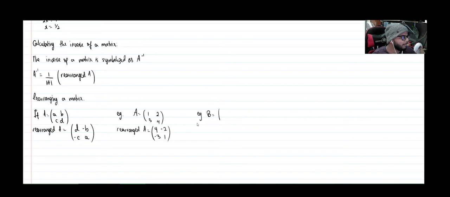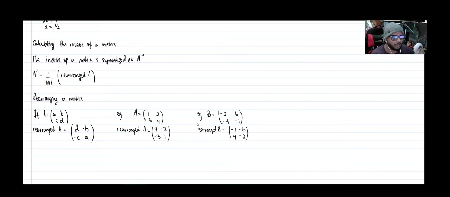If B is minus 2, 6, minus 4, minus 1, again, the rearranged B is equal to, I must flip the leading diagonal, minus 1 and minus 2, and change the signs on the other diagonal. This was positive 6, it becomes negative 6, negative 4 becomes positive 4.